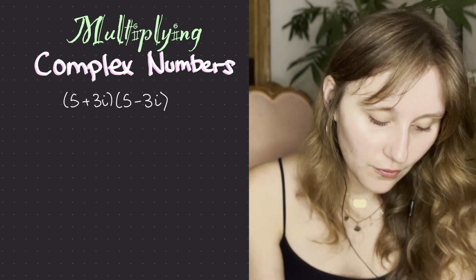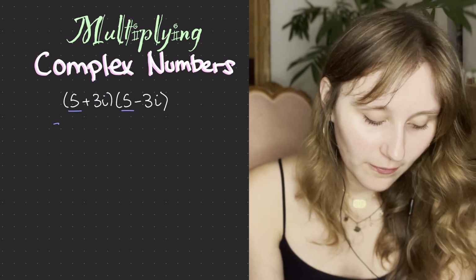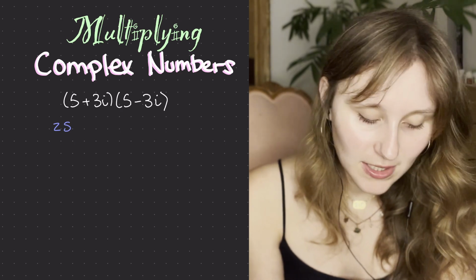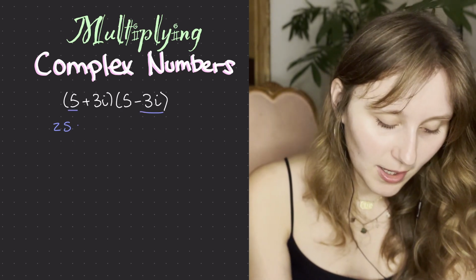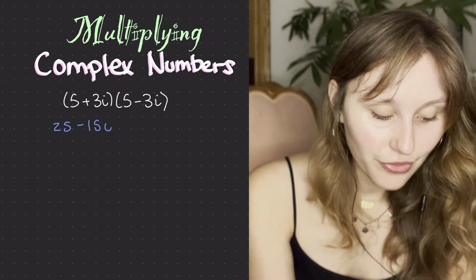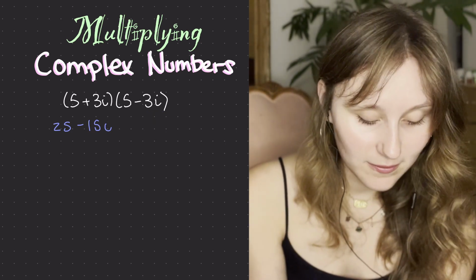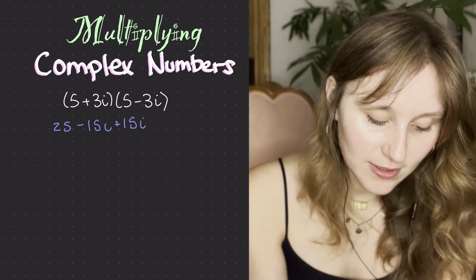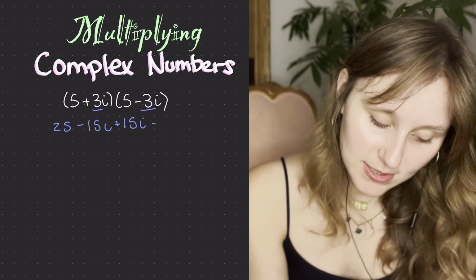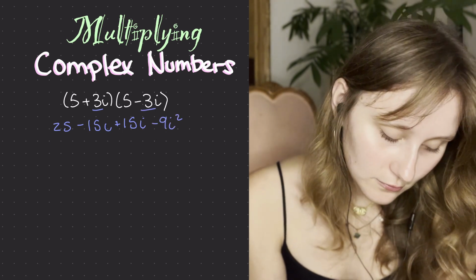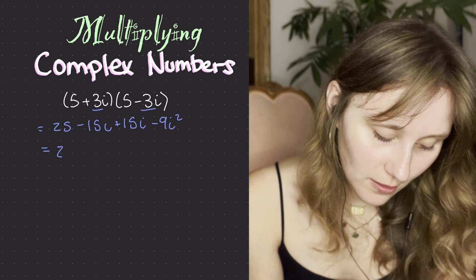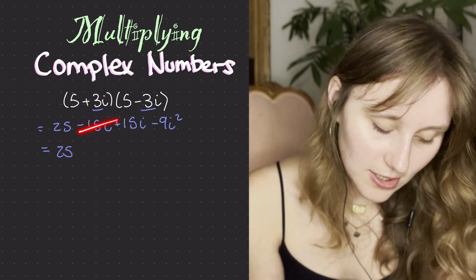5 times 5, we got 25. 5 times negative 3i is going to be minus 15i. 3i times 5 is going to be 15i. And then plus 3i times minus 3i is going to be minus 9i squared. So let's combine these like terms. These are just going to cancel each other out, right?